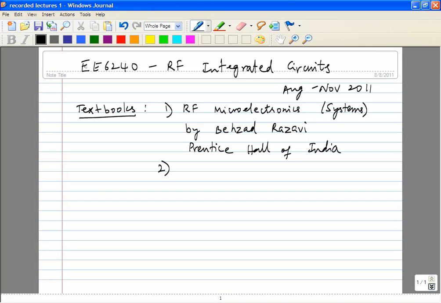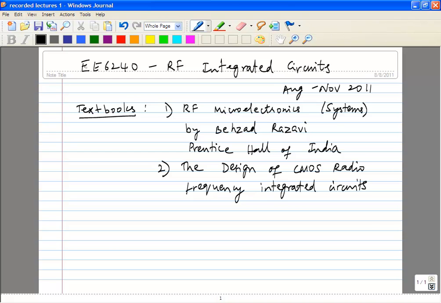The second important book we'll use is called The Design of CMOS Radio Frequency Integrated Circuits. And this is very useful for the circuits portion of the course.